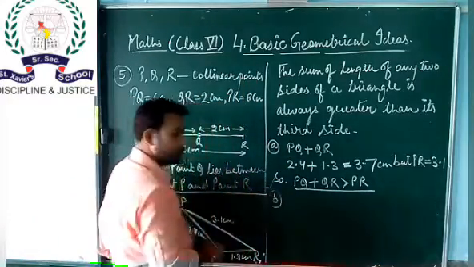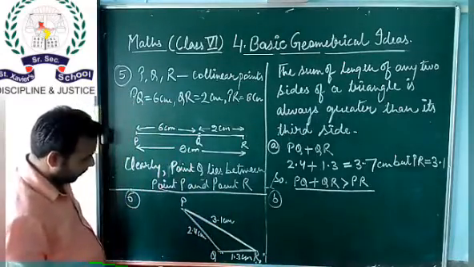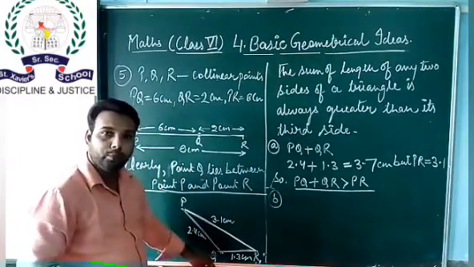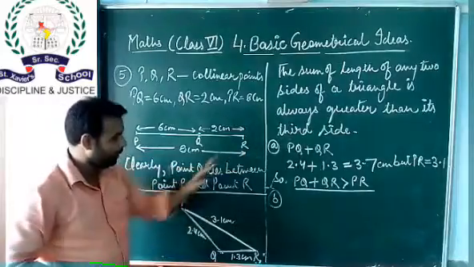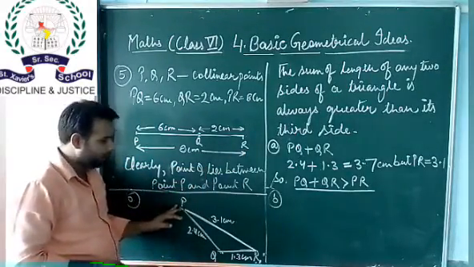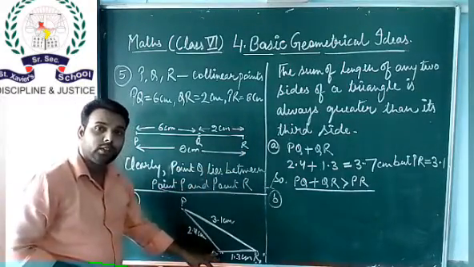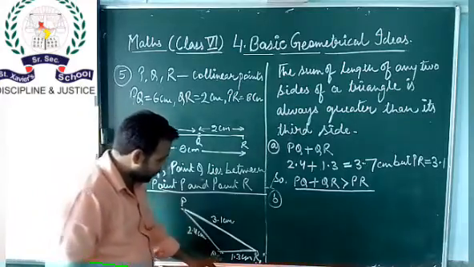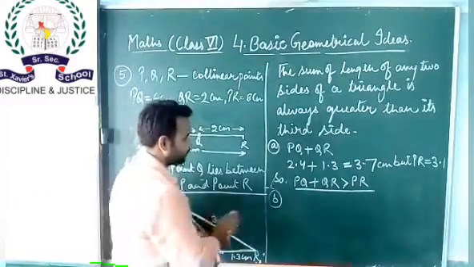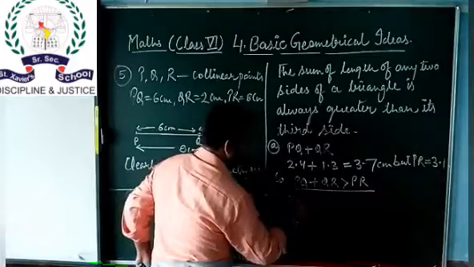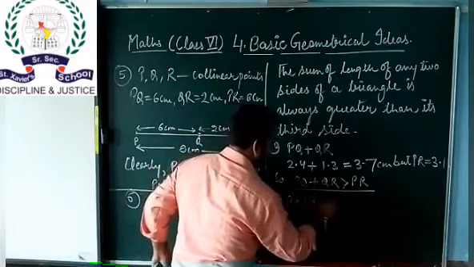See the B part. In the A part we started from the point P, but now we start from point Q, so QR plus RP.